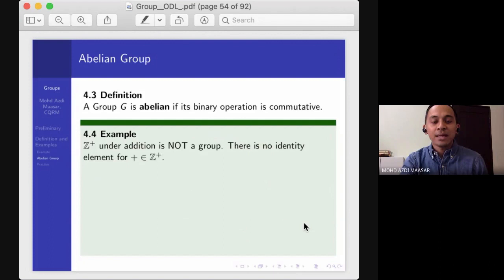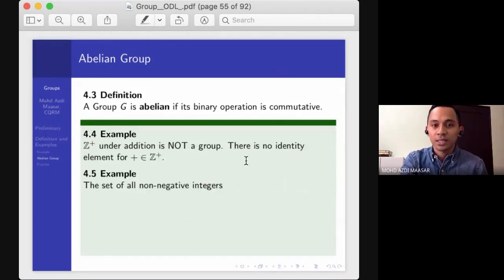If we include the additive identity 0 into the positive integer set in 4.4 example, we can form the set of non-negative integers. We examine this in 4.5 example. Now we already pass axiom 2. However, it is still not a group under addition because there is no inverse for some of the elements.